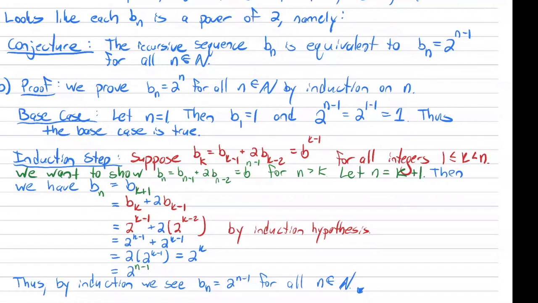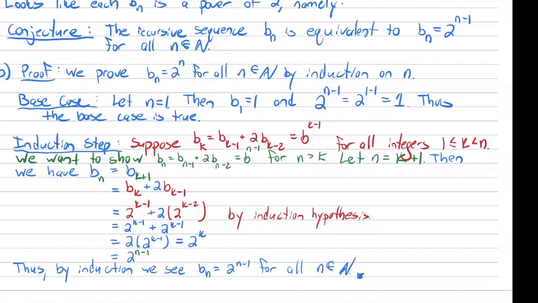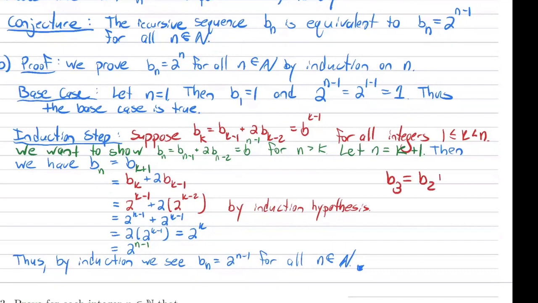So if you were going to try and do this for B3, which would be something like this, unless you've proven the case n equals 2, I can't use induction on this one, right? In the base case, we've only proven it for case 1, so I certainly can replace B1 with 2 to the 0 power, but I can't do anything with this because we haven't proven anything for the second case. So when you're doing these base cases, be sure that you're proving the right number of base cases.